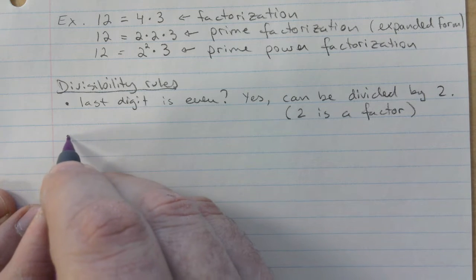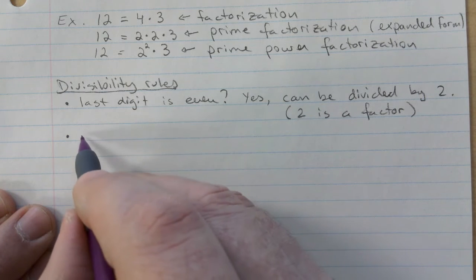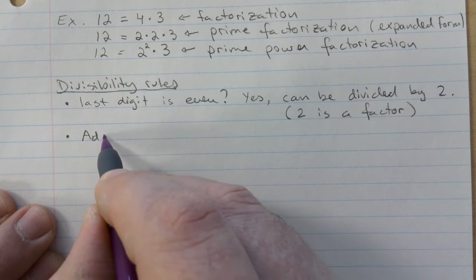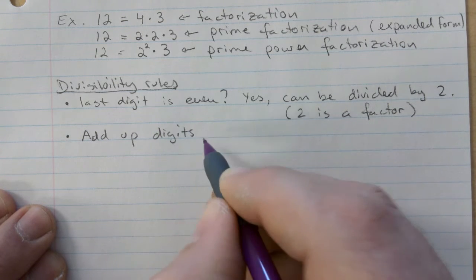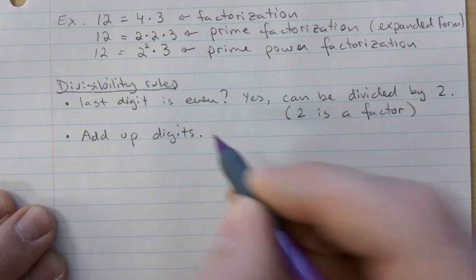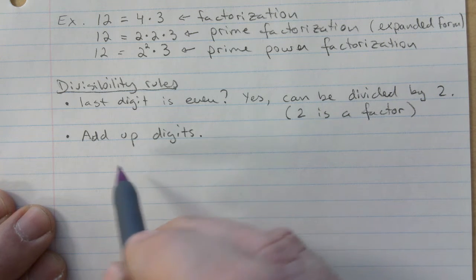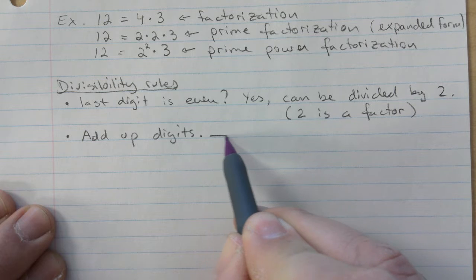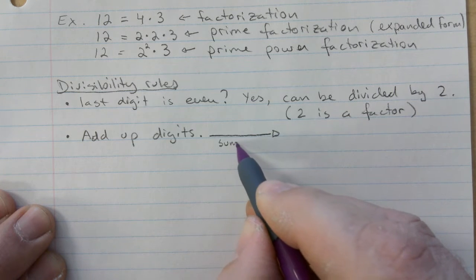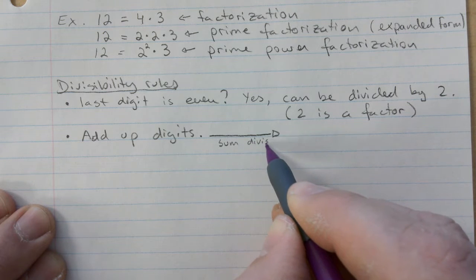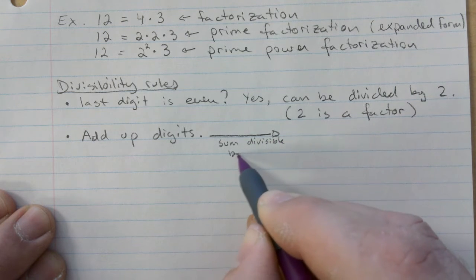Another one is add up digits, right? And then you can ask yourself two questions here, right? Is the sum divisible by 3?